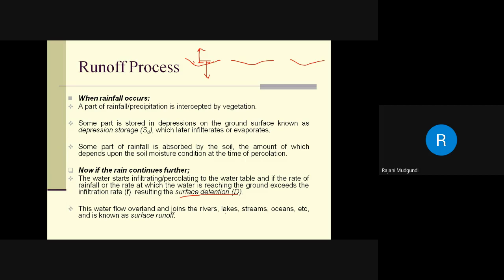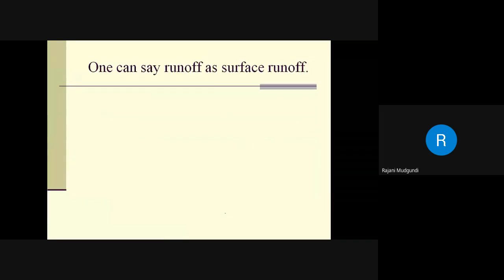This water flows overland and joins the rivers, lakes, streams, oceans, etc. And this is known as surface runoff, right? All the undulations or ditches will be completely filled and then the water will flow. So one can say runoff as surface runoff. Why?